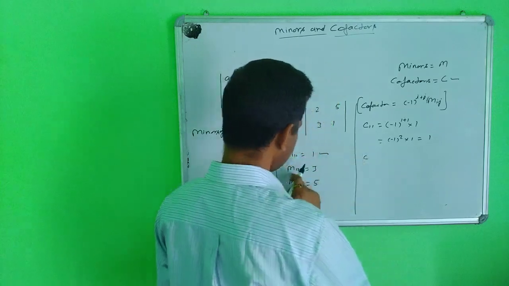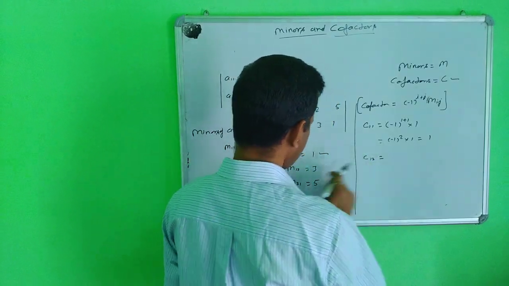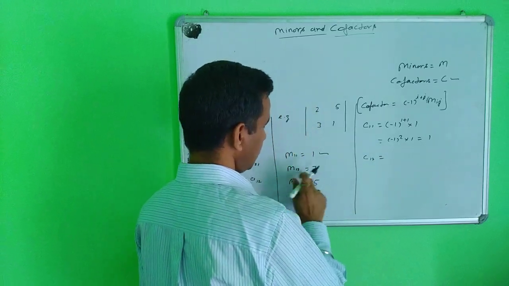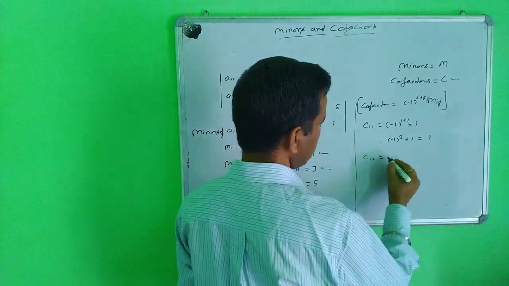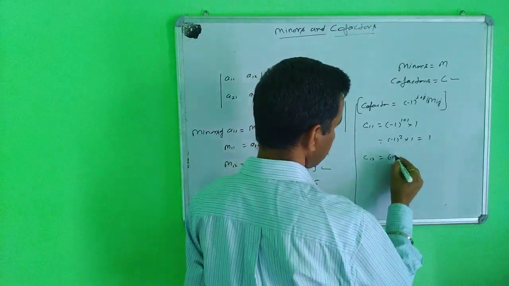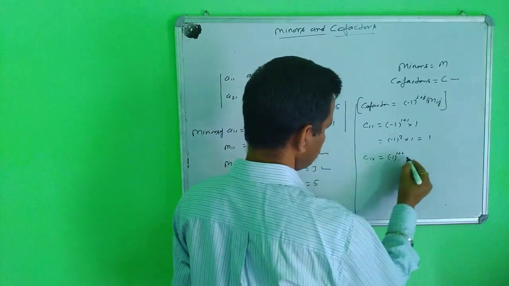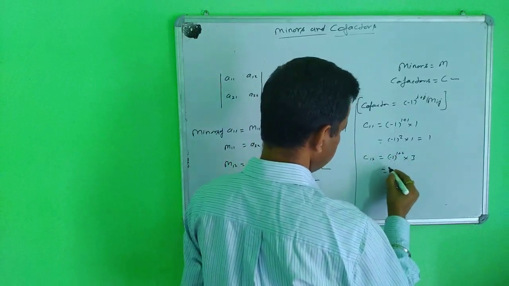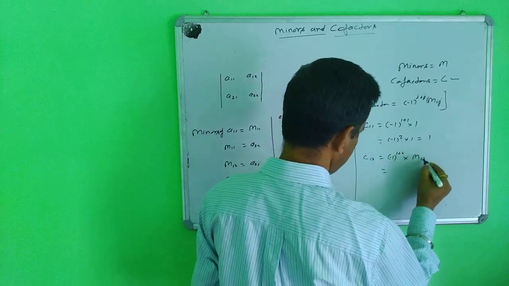Similarly, the cofactor of 1 2, C12. Minus 1 to the power 1 plus 2, times M12, which is 3.